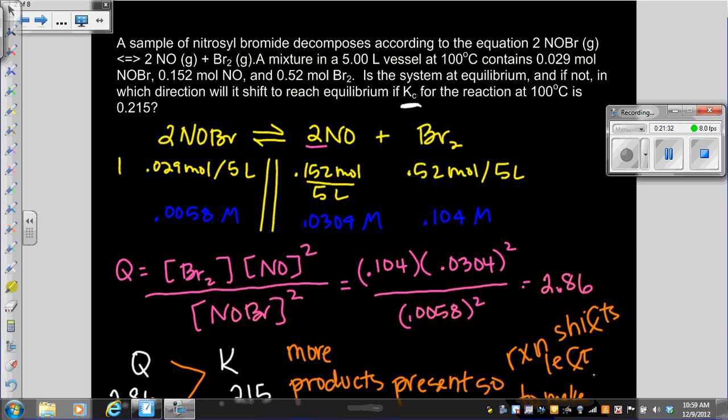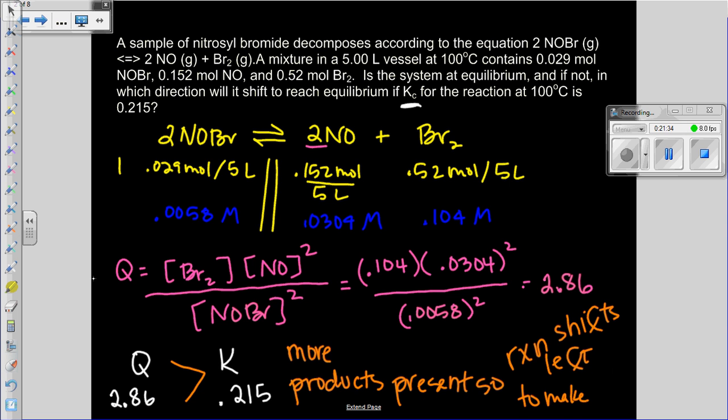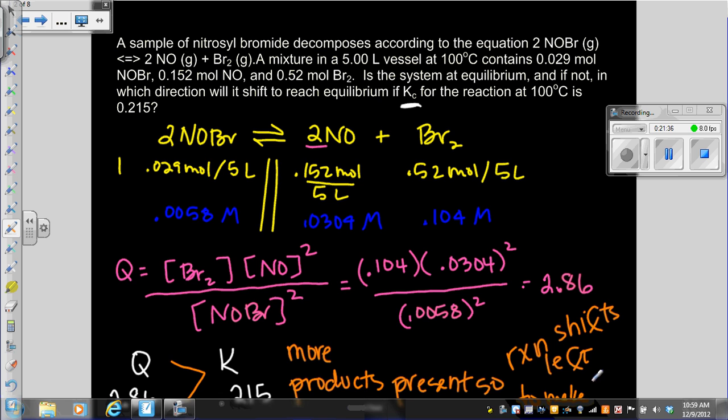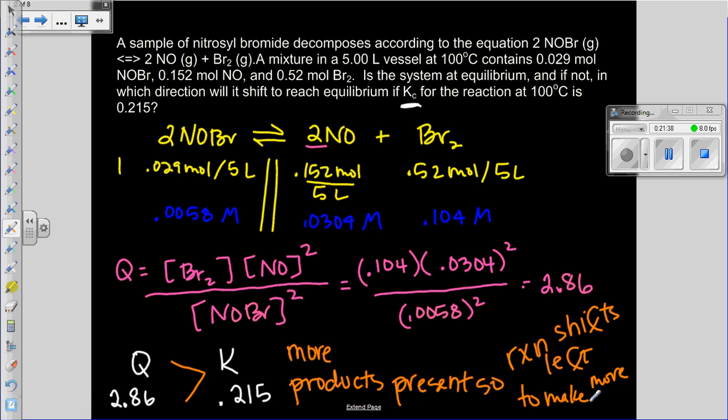Sorry, I didn't leave much room. I'm just going to do R for reactants. So we know that the reaction is going to shift in this direction. If I were calculating this, the reactant side would be plus 2x, the product side would be minus 2x, and minus x.